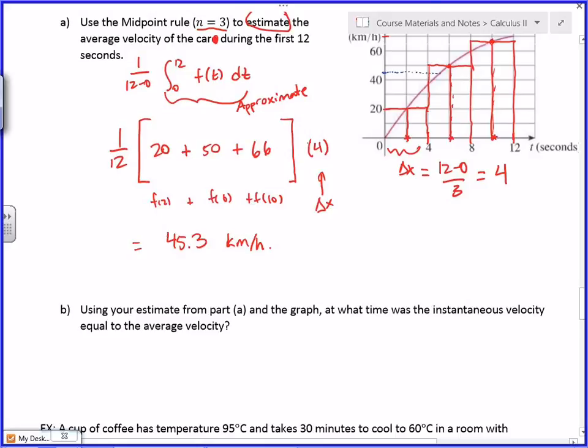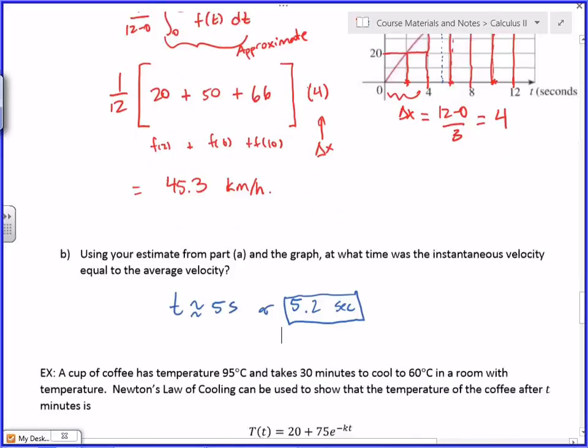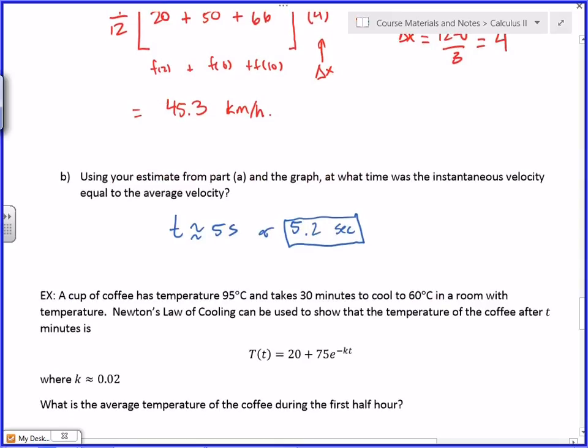Right there. Touch over to 5. T is about 5 seconds, or maybe 5.1 or 5.2, right? Hard to say. Seconds. But that's the answer. What time was the instantaneous velocity equal to the average velocity?